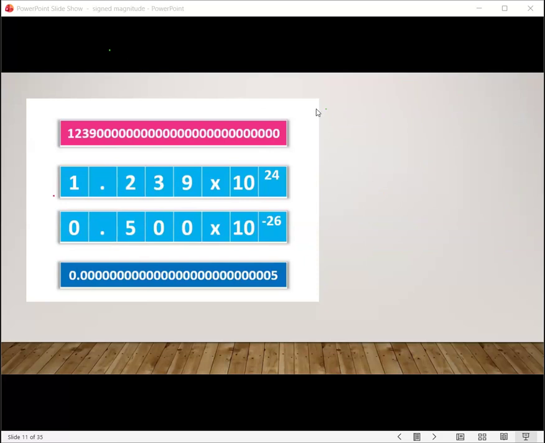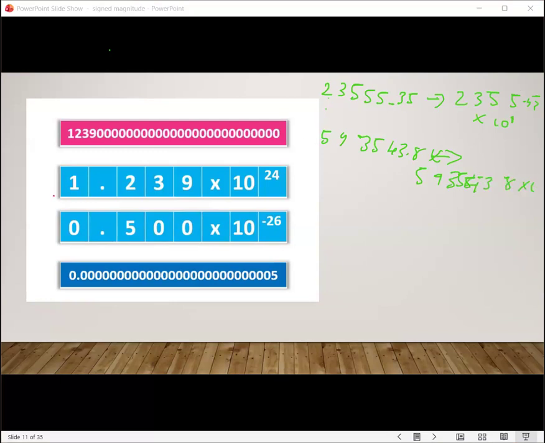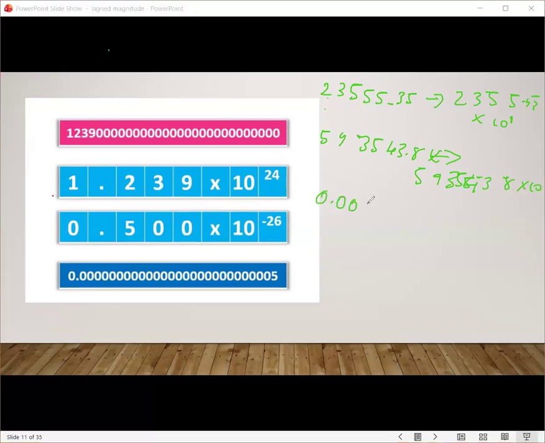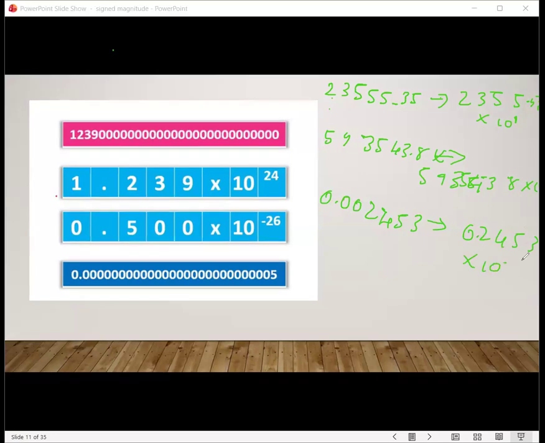So we can move accordingly. For example, we can write the value 23555.35 as 2355.535 into 10 to the power of 1, or 593,543.8 can be written as 59.35438 into 10 to the power of 4. 0.002453 can be written as 0.2453 into 10 to the power of -2, since we have moved the point this side, 1, 2.